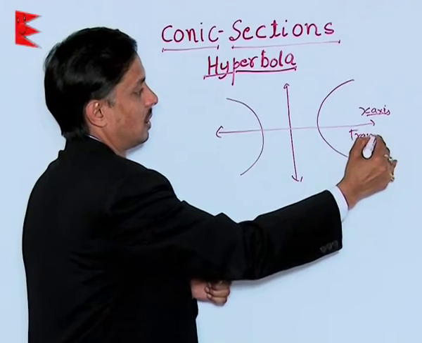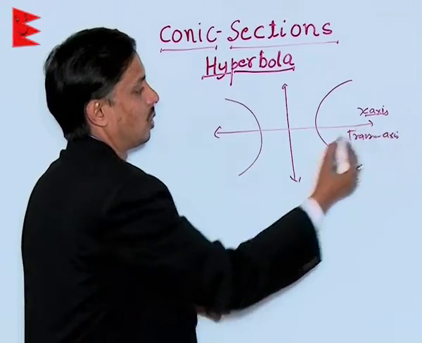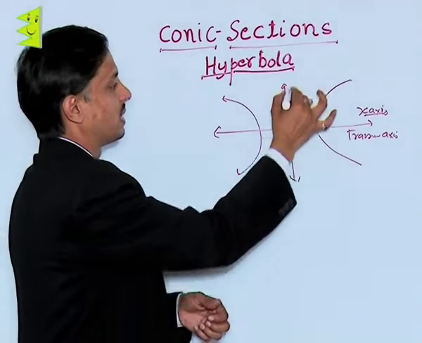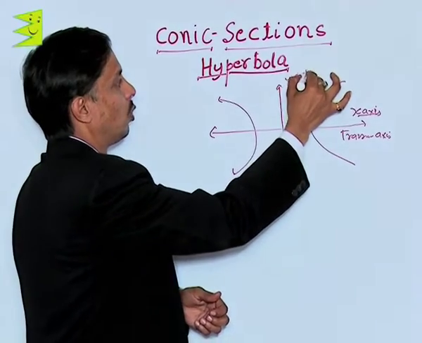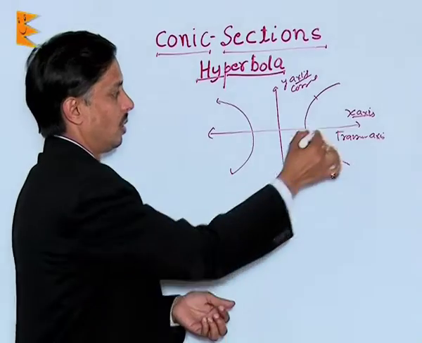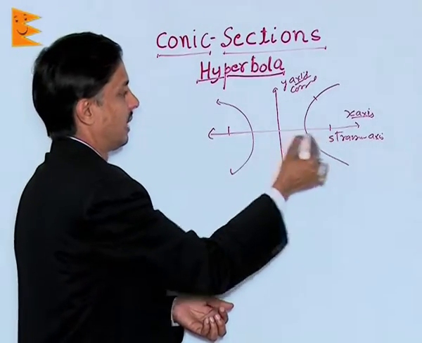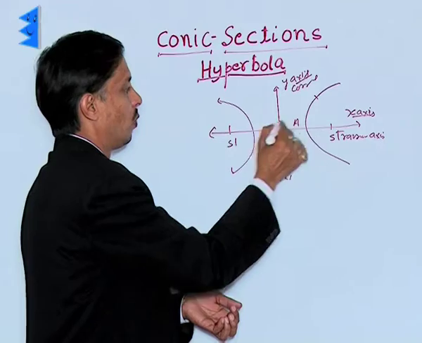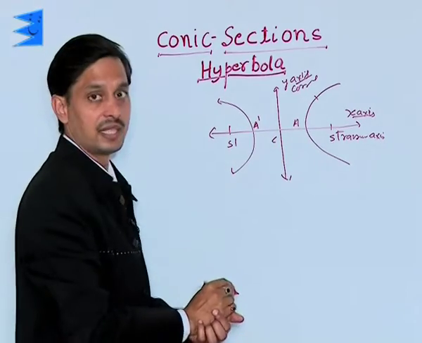This axis is the transverse axis, or kind of major axis. The y-axis is known as the conjugate axis. Foci are S and S dash, the center is at the origin, and the vertices are A and A dash.